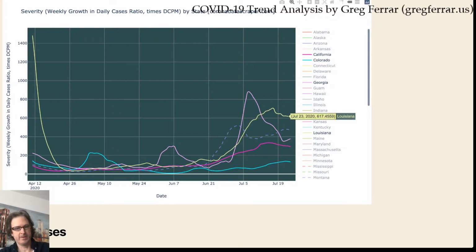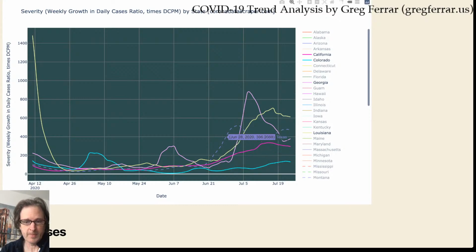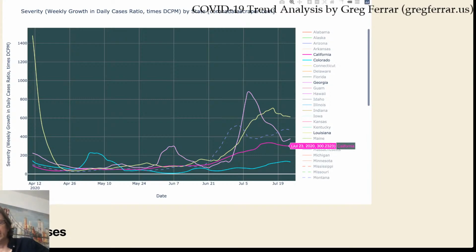It shows less of a trend towards recovery. But at least it's not doing this anymore, that diagonal sharp upward line. And then finally, California, looking pretty bad, 300, not a good number. Severity hotspot, but at least showing a slight trend towards recovery in severity.